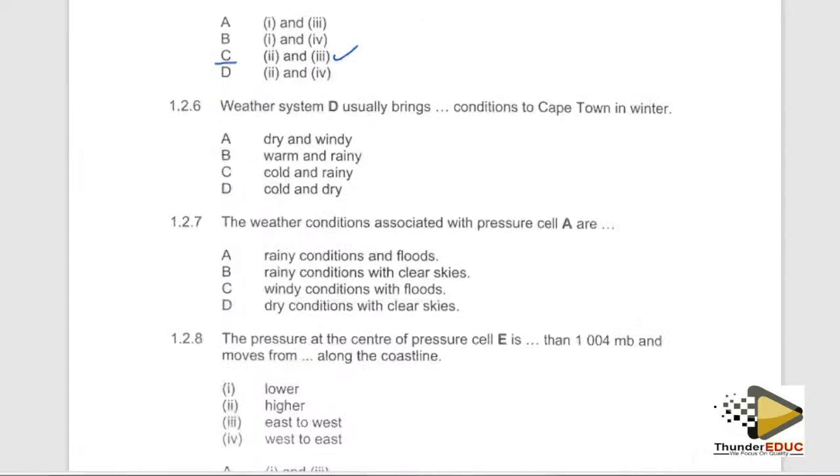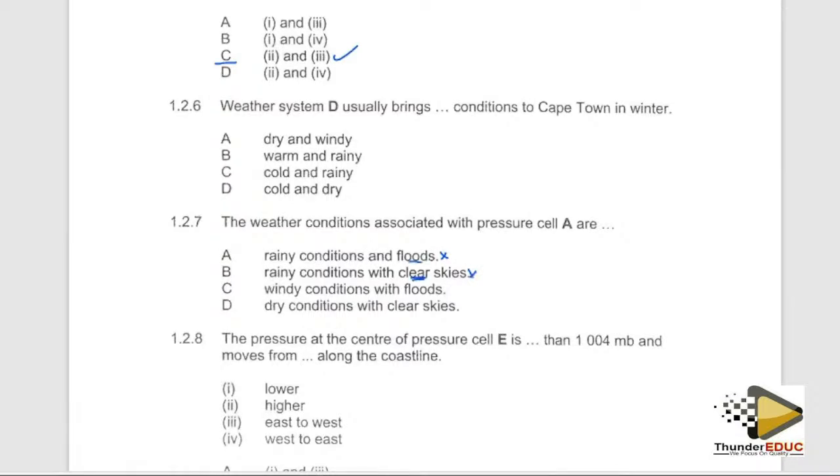So we know it is a mid-latitude cyclone, which could result in, let's check, rainy conditions. Floods is not a weather condition. Rainy conditions, we know that mid-latitude cyclones do cause overcast conditions, which makes this one out.